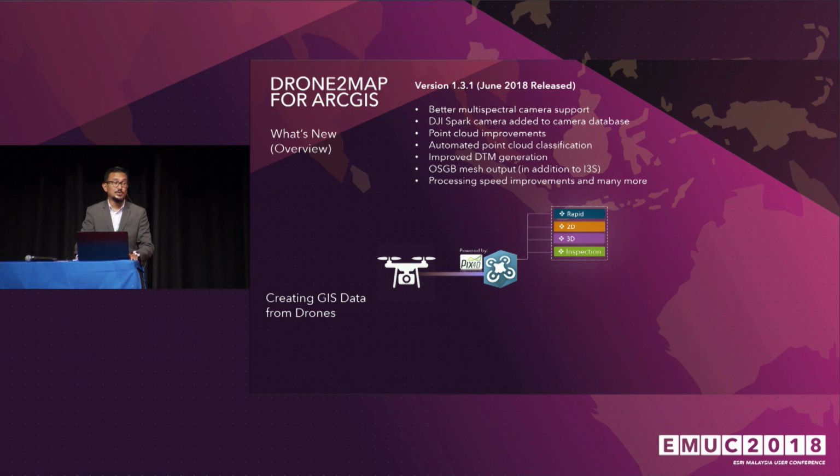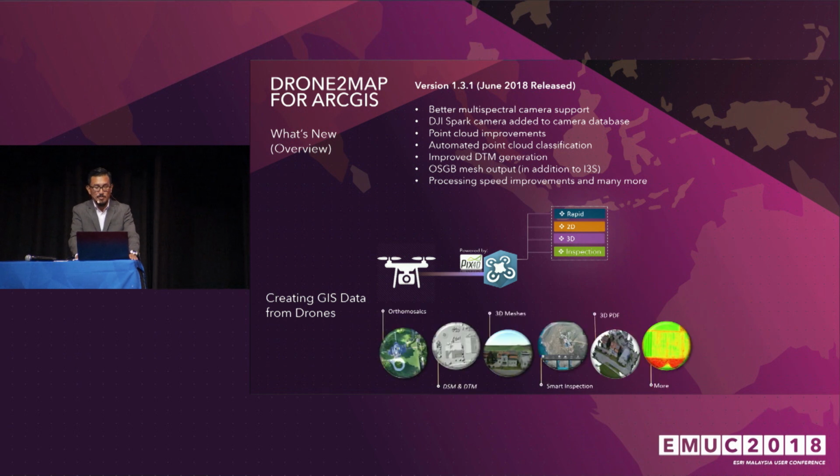Another benefit of Drone2Map is that it has 4 templates, which means if you don't have any knowledge about drones, you can still produce the orthophoto or 3D using these templates. By using Drone2Map, you can export your imagery into the AutoMosaic, DSM, DTM, 3D, Smart Inspection, 3D PDF, contour lines, NDVI, and many more.